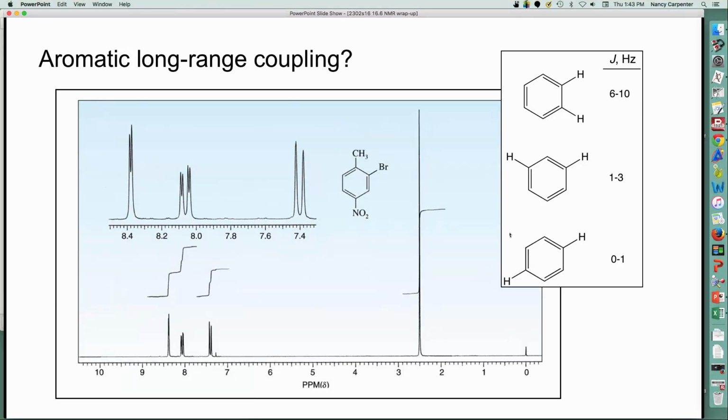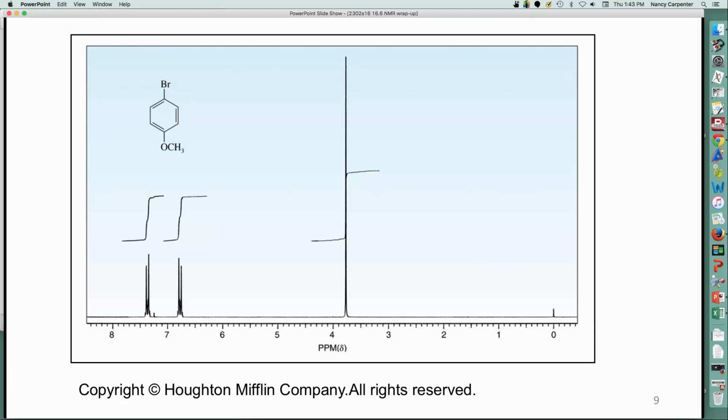But again, on a quiz or an exam, the really easy thing is to recognize that for para-substituted aromatics, you invariably get this funky looking pattern that's totally symmetric, and it almost looks like a quartet with a big gap in the middle. And sometimes, in fact, these patterns look a lot closer to a quartet.